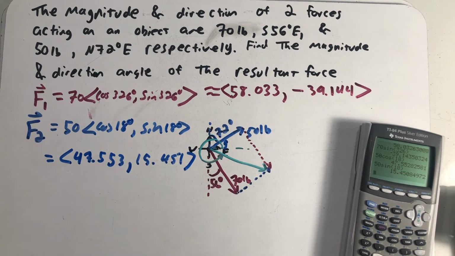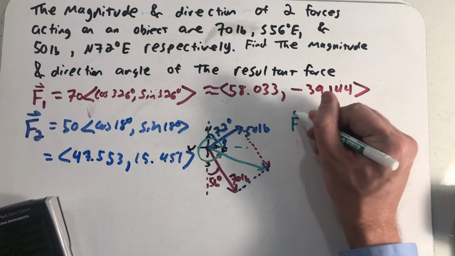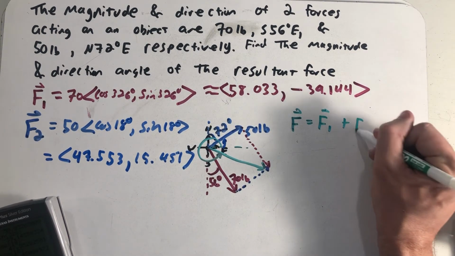All right, these are both forces in pounds. So this is the x component of the blue one in pounds. This is the y component of the blue one in pounds. So those are forces. My resultant vector, which I'm just going to call F, can be found by adding those two things together.